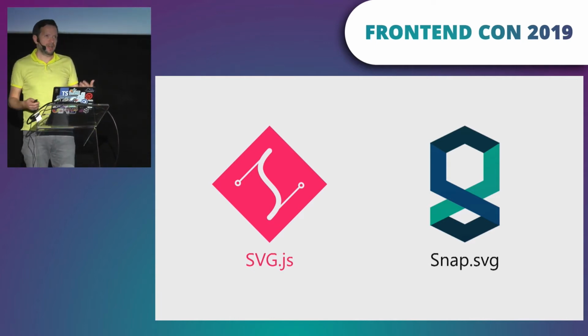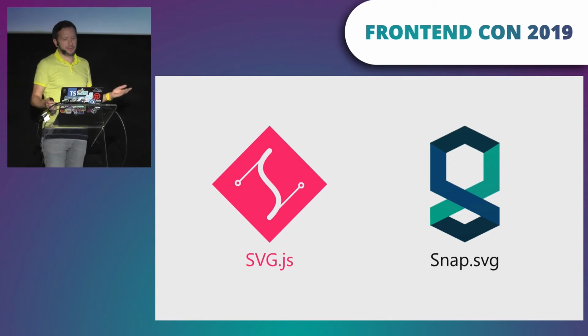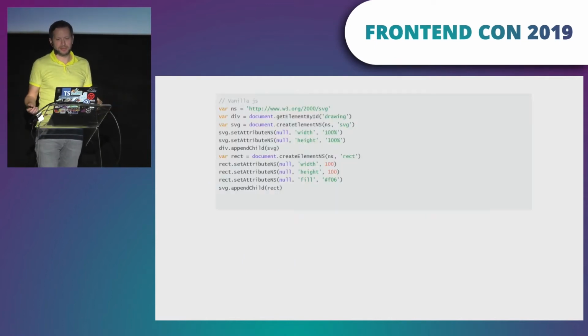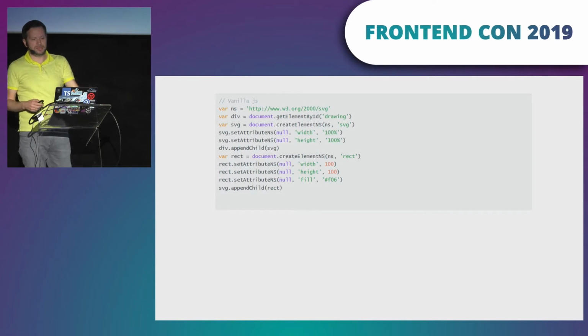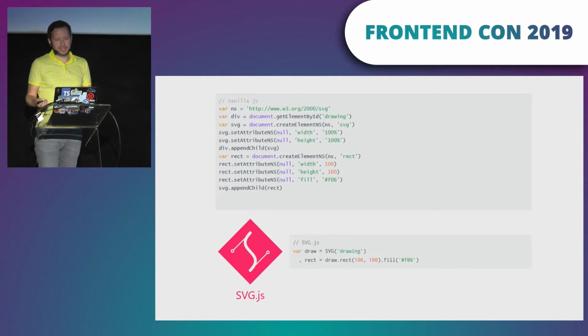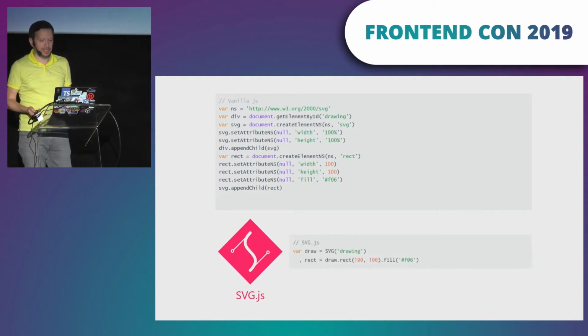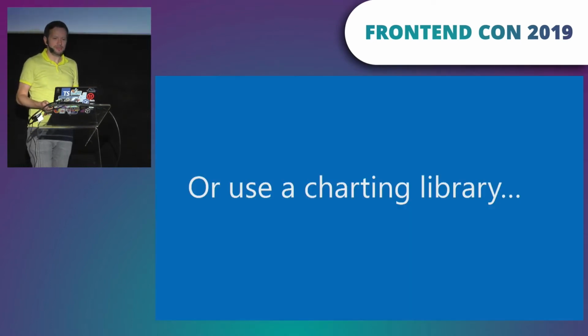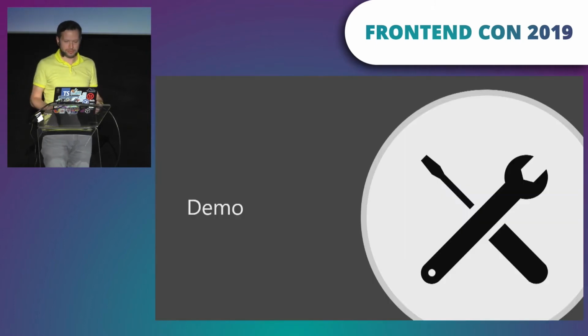So rather than doing that, you would probably want to use a library like SVG.js or SnapSVG. Something that would take that many lines in vanilla JavaScript would take just a line or 2 with SVG.js. Or you can just use a charting library if you're building actual charts.